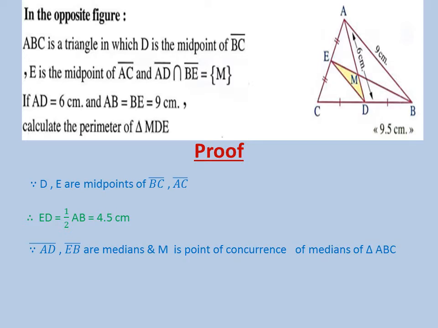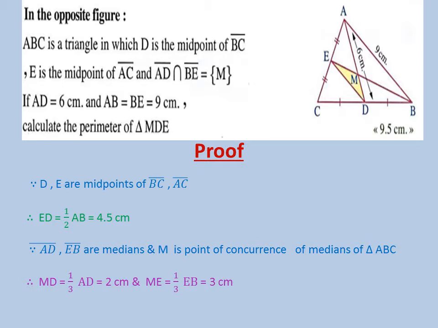AD and BE are two medians intersecting at M. So M is the point of concurrence of medians of triangle ABC. MD is a part from base, equals a third of the total median. So 6 divided by 3 equals 2 centimeters.